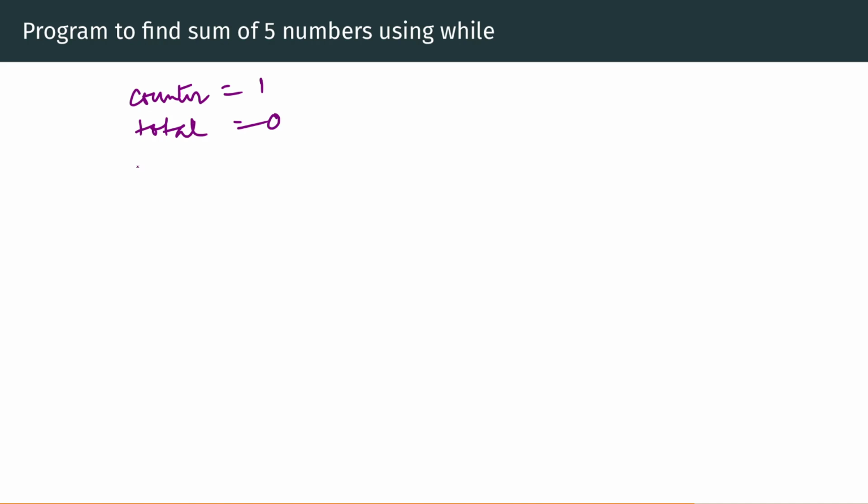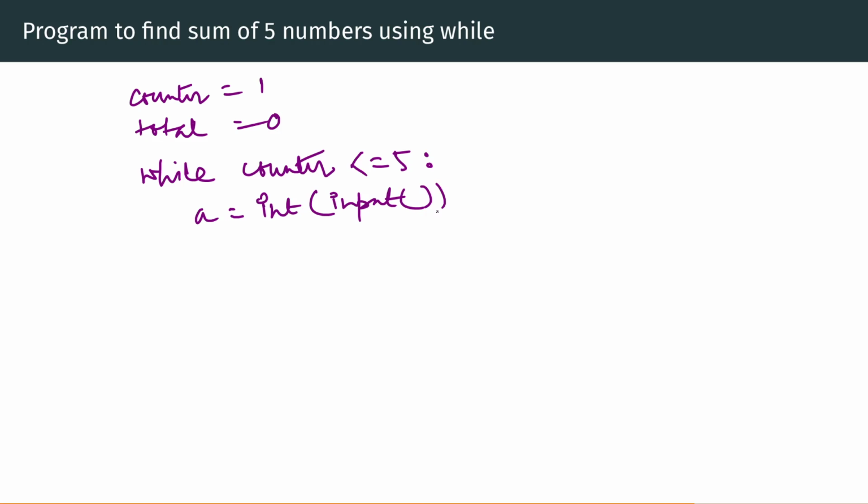And then we'll have the while loop. While counter is less than or equal to 5. While this is true, as long as the counter is less than or equal to 5, do this: a equals int input. So take input from the user, right?